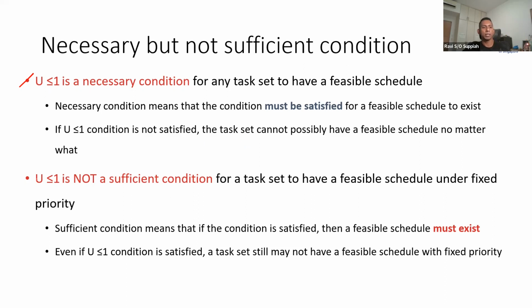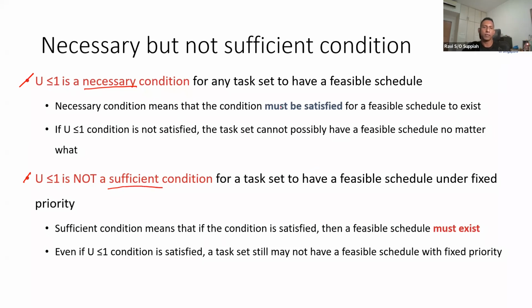But the moment U less than or equal to 1 is not satisfied, then you can say it is not schedulable at all. So this is what we call a necessary condition, but it is not a sufficient condition.